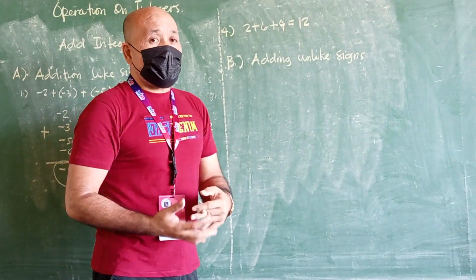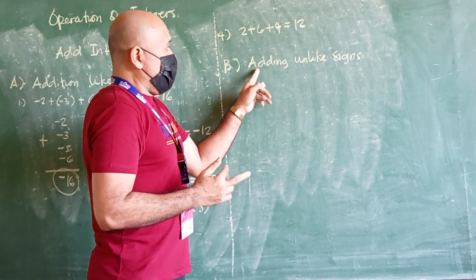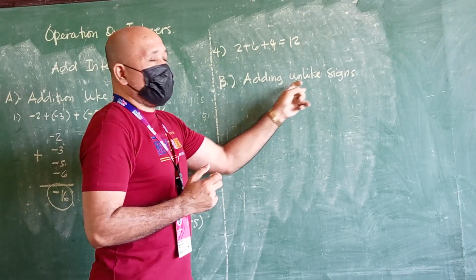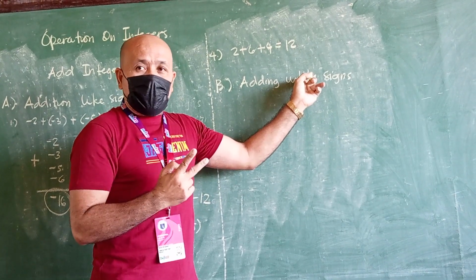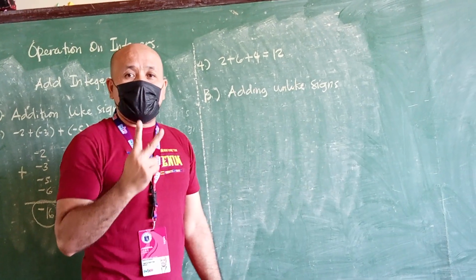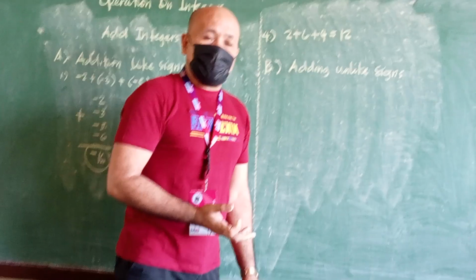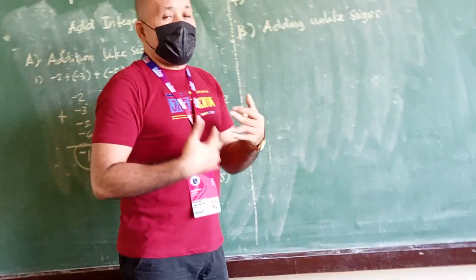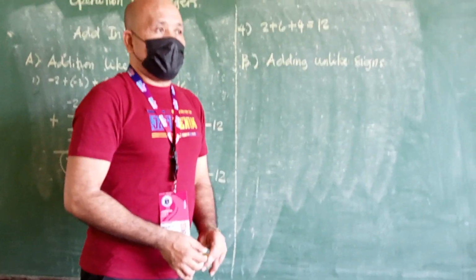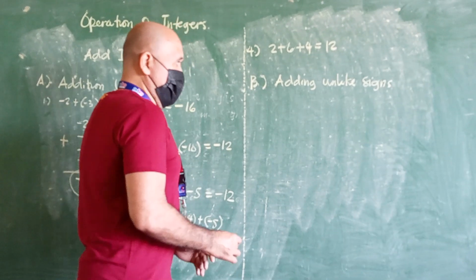But for you to master it easily, when you practice adding unlike signs, apply the rule using only two integers when you add, so that you can easily see how the rule is being practiced or used here.